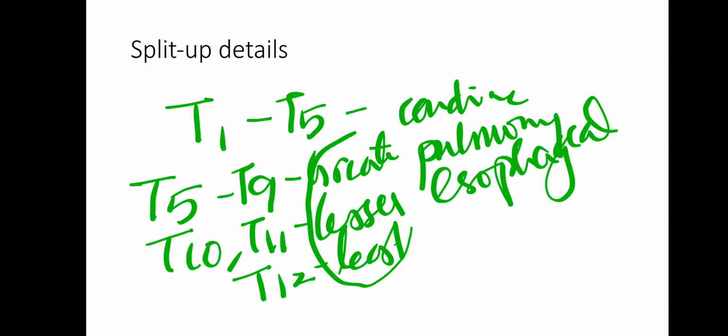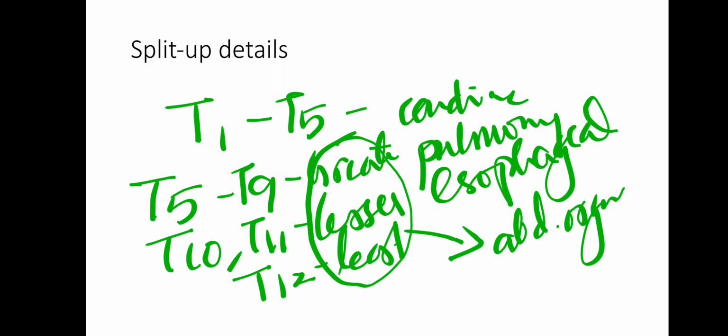The greater, lesser, and least splanchnic nerves supply your abdominal organs, and L1 and L2 is for your pelvic organs.